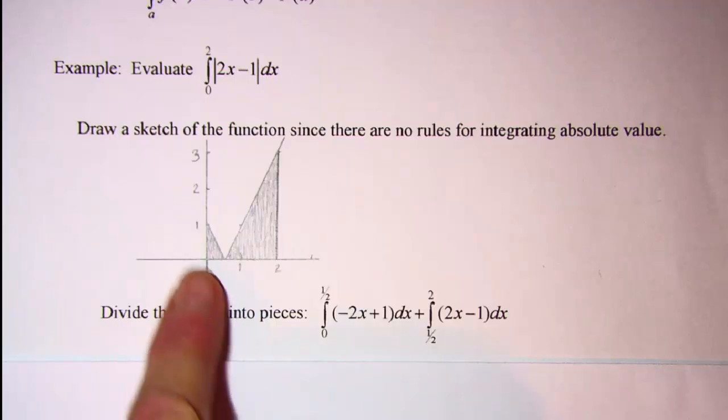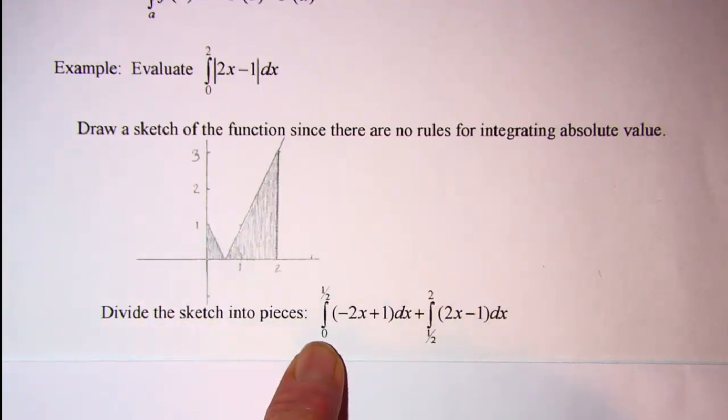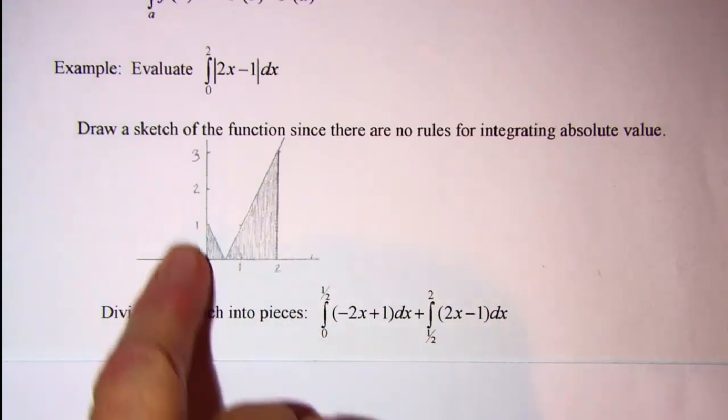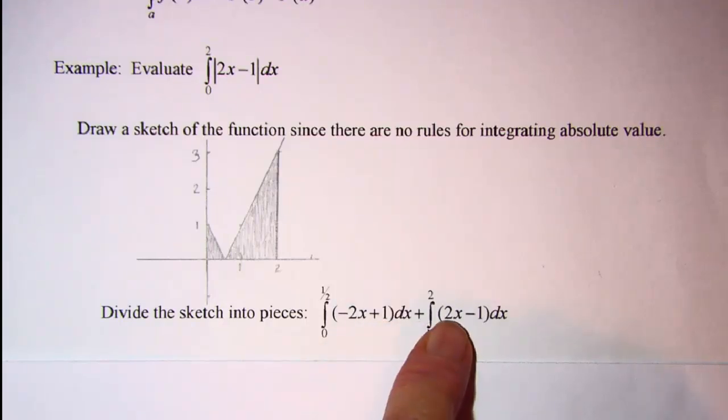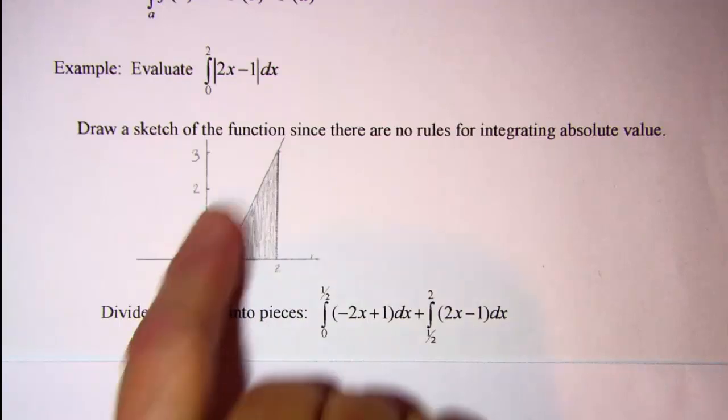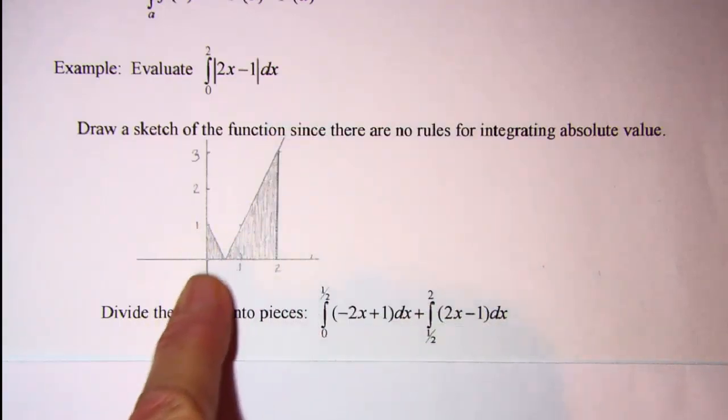Now notice on this one, this integral from 0 to 1/2, so -2 is our slope on this line, and the y-intercept is +1. And then on this one, the integral from 1/2 to 2, the slope is +2, and the y-intercept is -1.